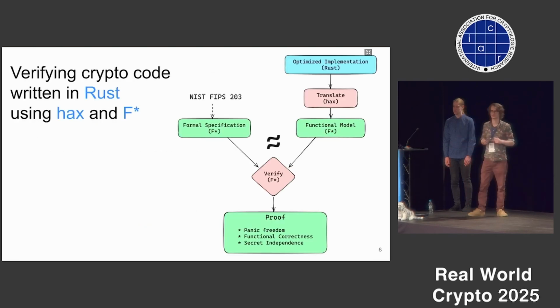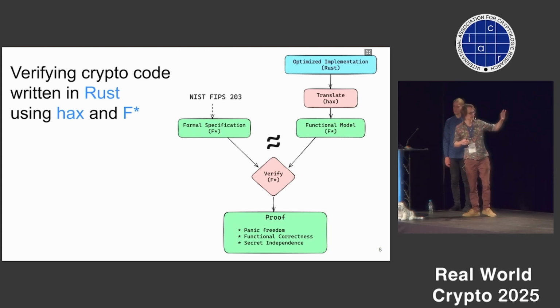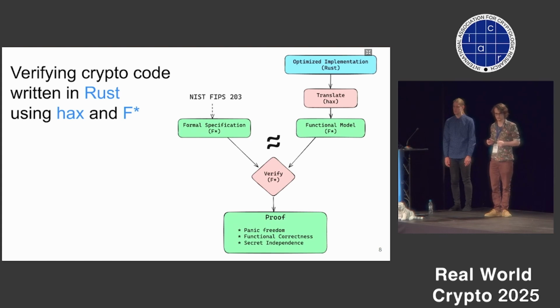All right, we want to implement ML-KEM, but we really want also to prove it. So this diagram explains a bit how we do the proof. There are 2 parallel processes.